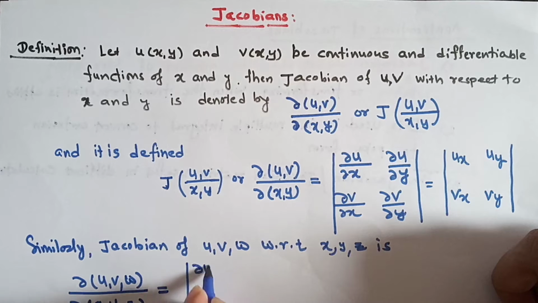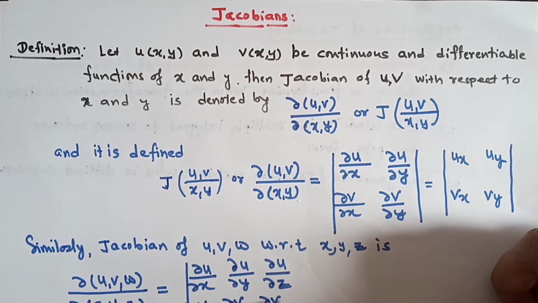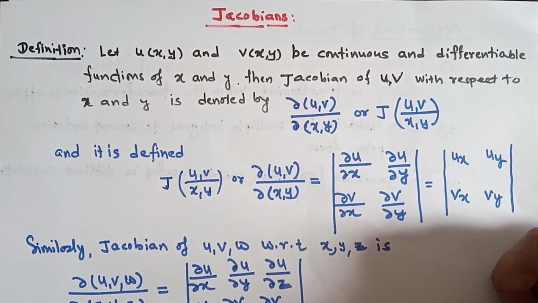First row is partial derivative of u with respect to x, u with respect to y, u with respect to z. What is the second row? Partial derivative of v with respect to x, v with respect to y and v with respect to z. Third row is w with respect to x, w with respect to y and w with respect to z. So this is the Jacobian determinant.